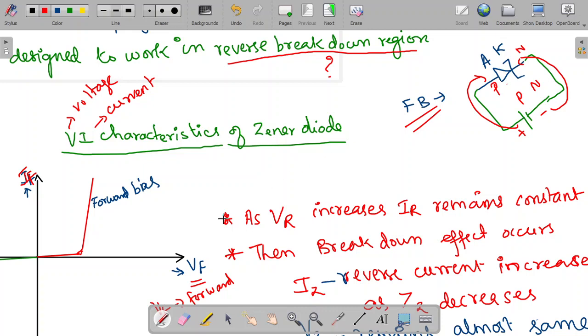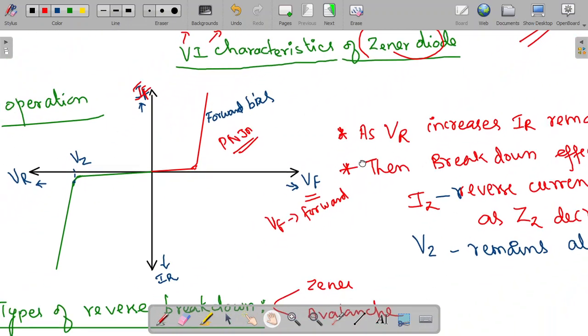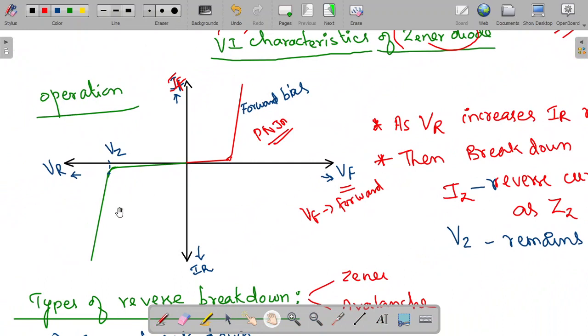In forward bias the Zener diode simply acts as a PN junction diode. But it also has the reverse bias condition.